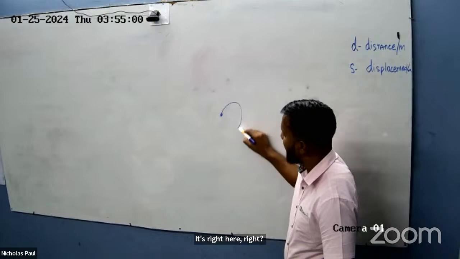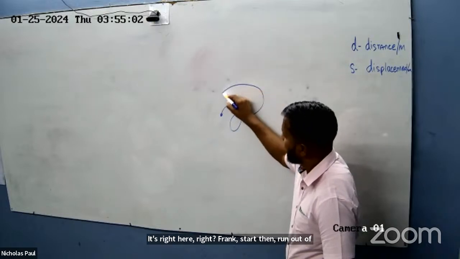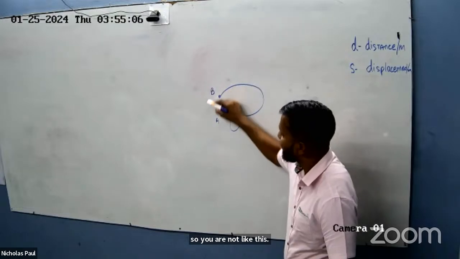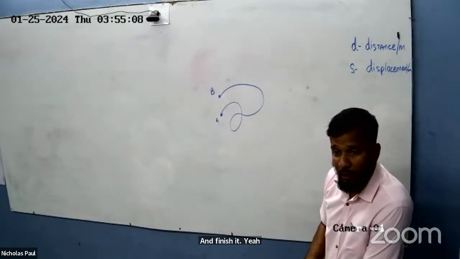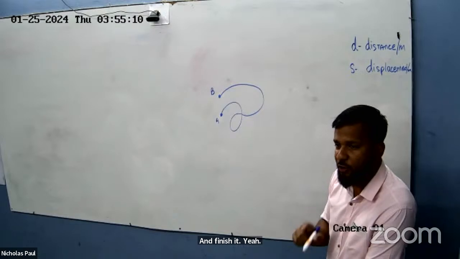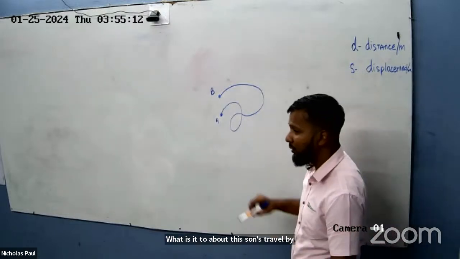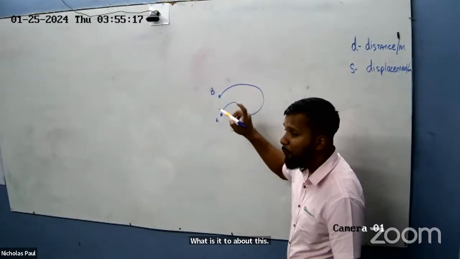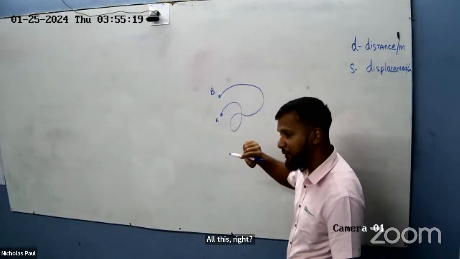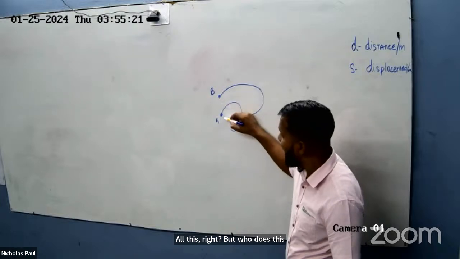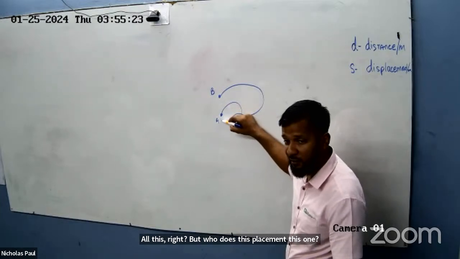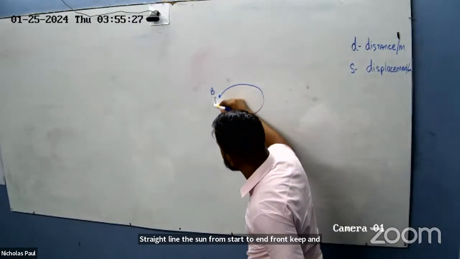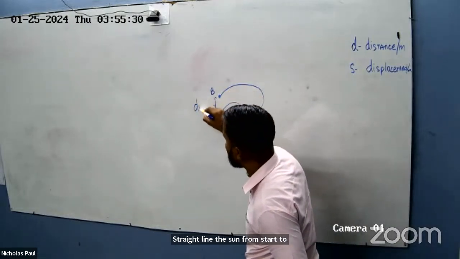So he ran a race like this and finishes here. What is the total distance traveled by Frankie? All this, that's total distance. But total displacement is what? The straight line distance from when Frankie starts to when Frankie finishes. So this here is Frankie's displacement.